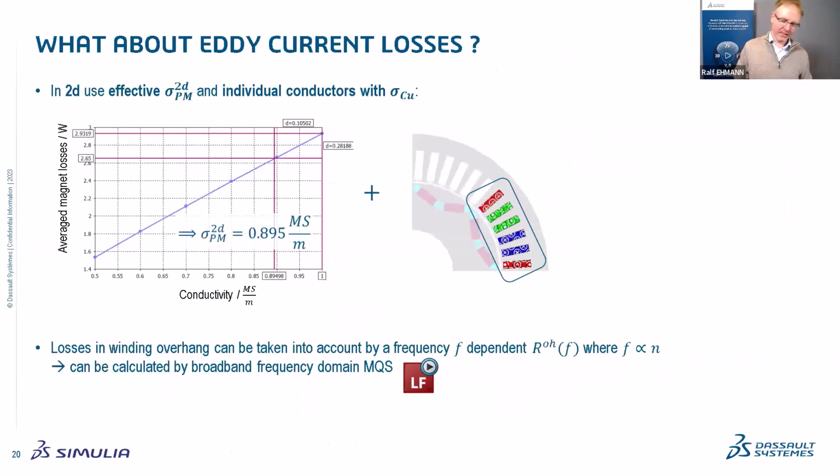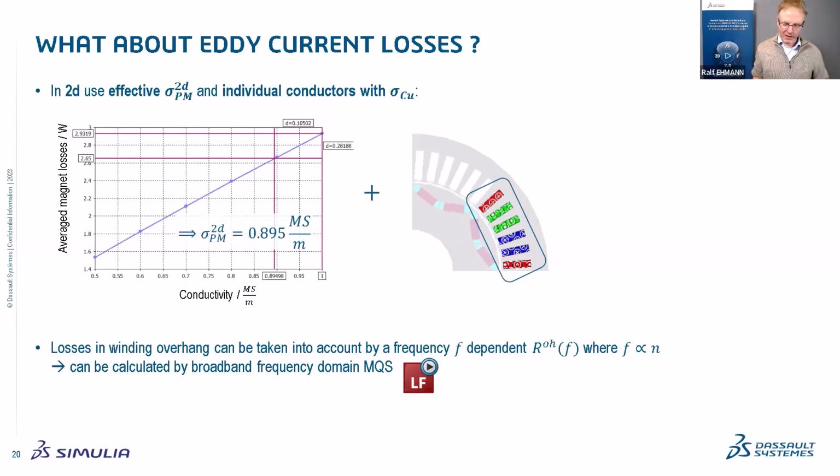Okay, last thing that we didn't speak about yet is again coming to the losses, because obviously when you go to higher speeds, you have more and more eddy current losses in your winding overhang. And up to now, the resistance was just a DC resistance. Remember, it was the stationary current analysis, which gives us 3.5 milliohm.